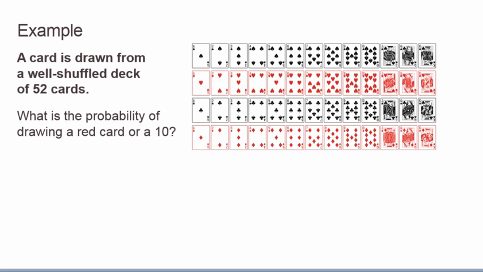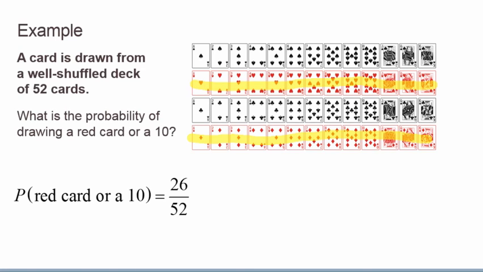Continuing with our example of a well-shuffled deck of 52 cards, what is the probability of drawing a red card or a 10? First we write the probability, red card or a 10. Our red cards are the diamonds and the hearts, which is half of our deck, or 26 divided by 52.